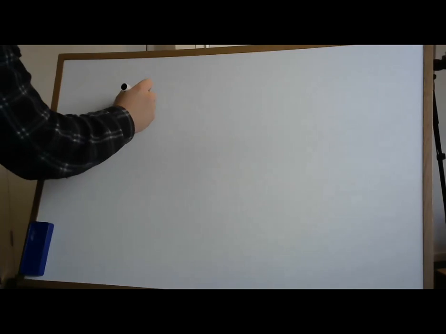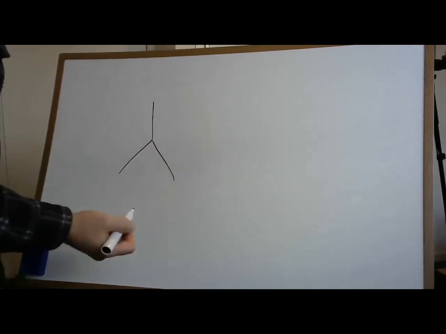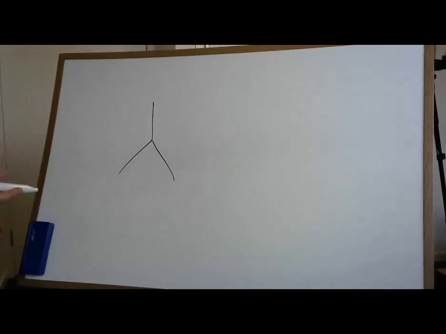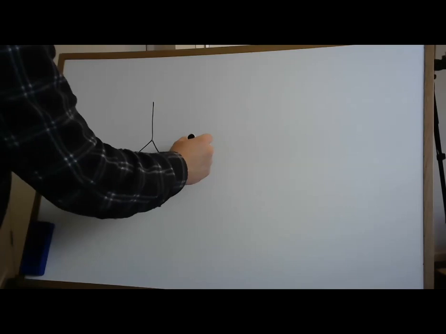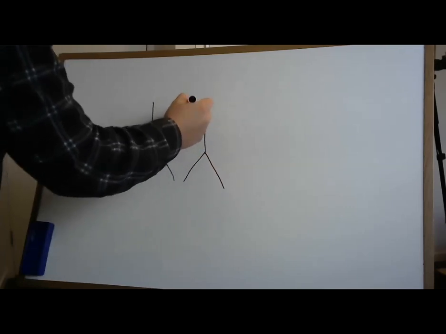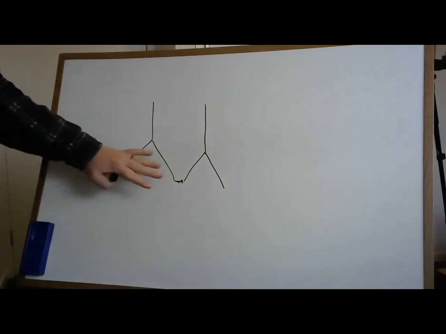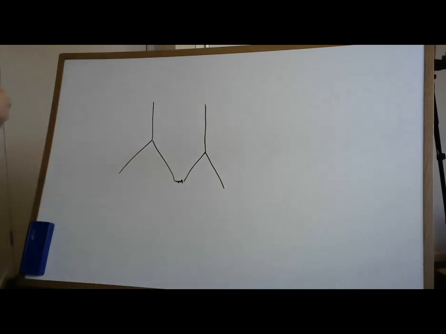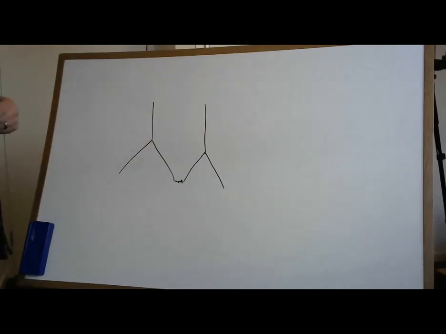So if we have a branched molecule that looks like this, then there's really only one space, depending on how they line up, for this attraction to occur. Whereas if it was a straight line, there would be significantly more.